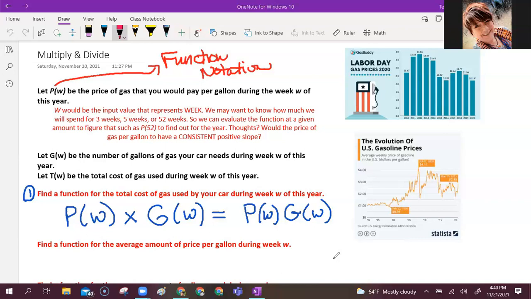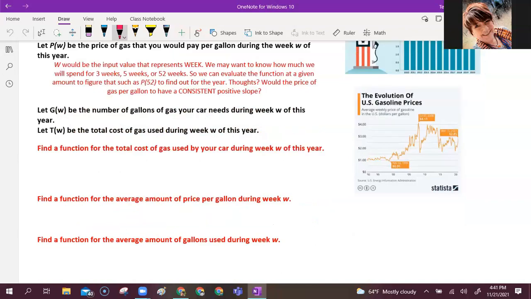Now it asks us to find a function for the average amount of price per gallon during the week. Price per gallon. This word per is going to be the thing that saves your life.